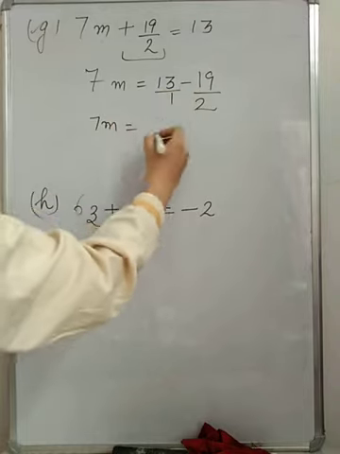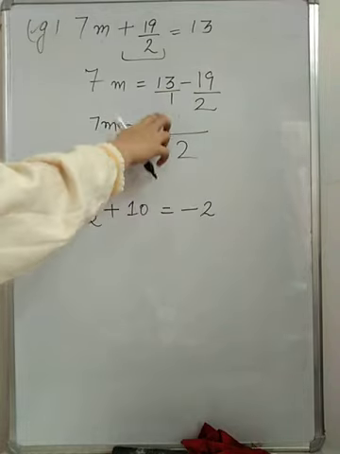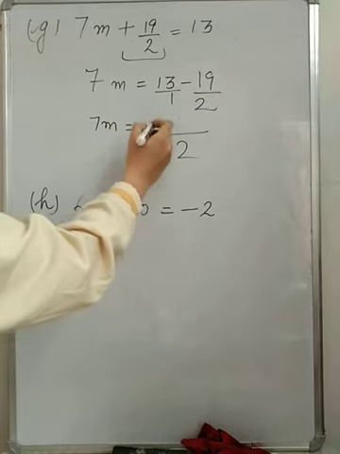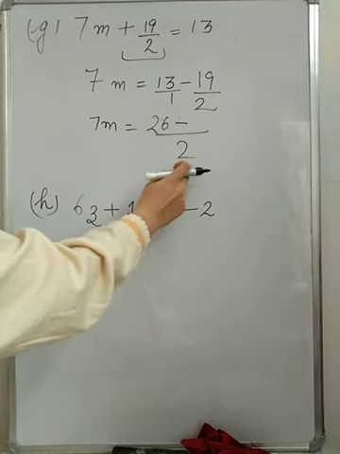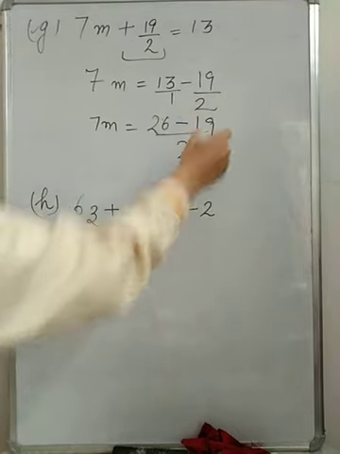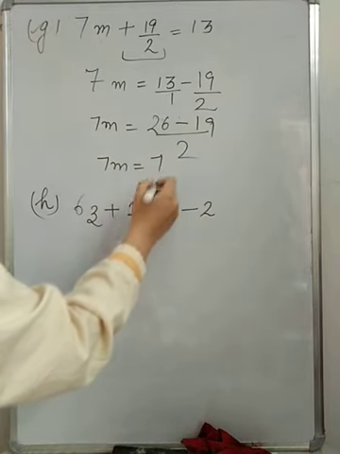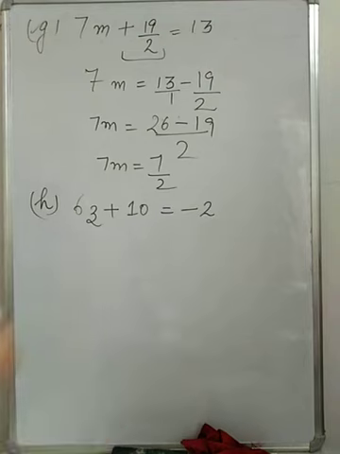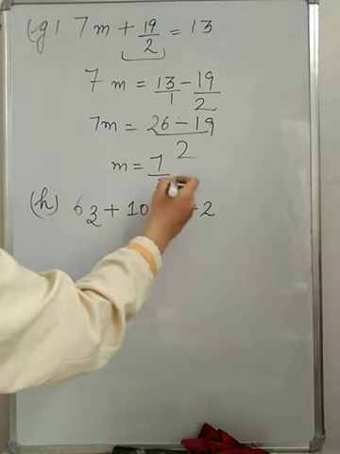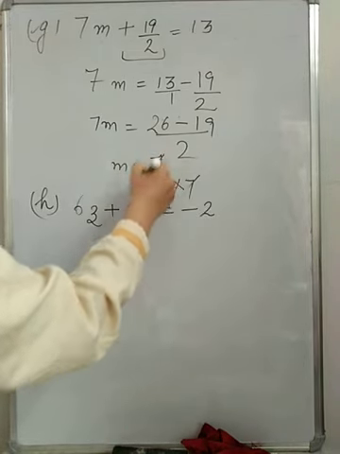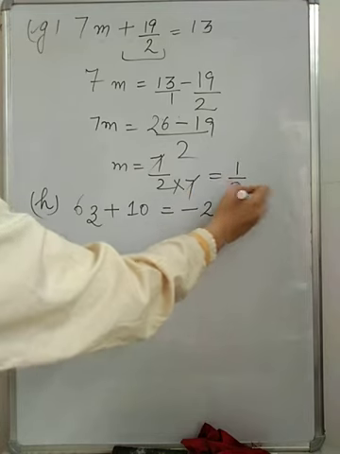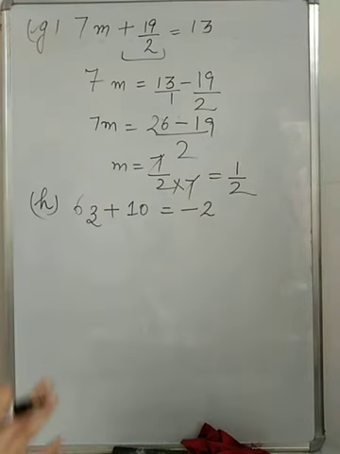Here 1 is there. The LCM of 1 and 2 is 2. 13 2s are 26 minus 19. Okay, 7m equals 26 minus 19, it will be 7 upon 2. Now this multiplication, move to the other side in division. 7 7s cut. So it will be 1 by 2. Value of m is 1 by 2.